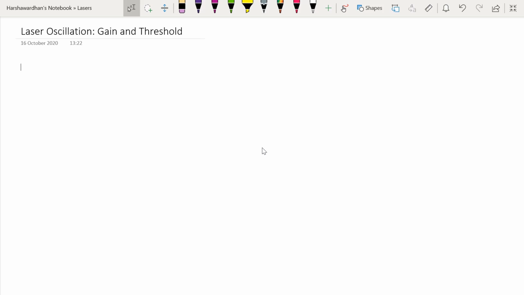So what I have essentially is a plane wave traveling in one dimension. We will try and not bring in all the details that we have learned about transverse modes, longitudinal modes, and so on. First, let us just focus on this process of simple amplification. That is, I have a medium, right?